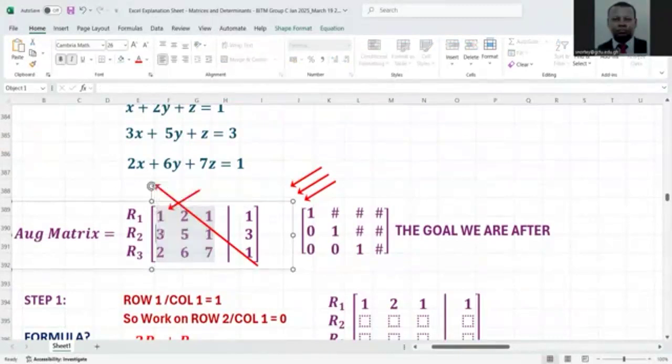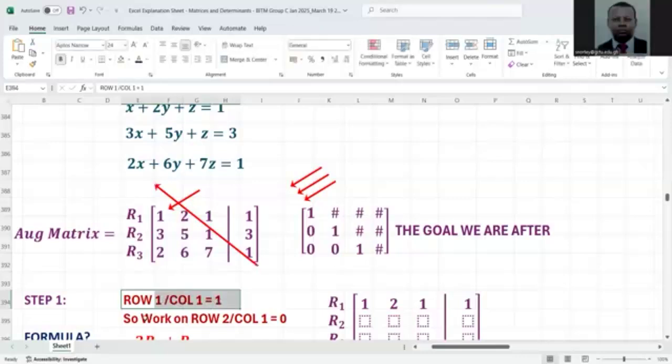But let's go to row 2. We have to change the value 3 to 0. So if I pick step 1, row 1, column 1 is 1. Now let's work on row 2, column 1. This value, this 3.